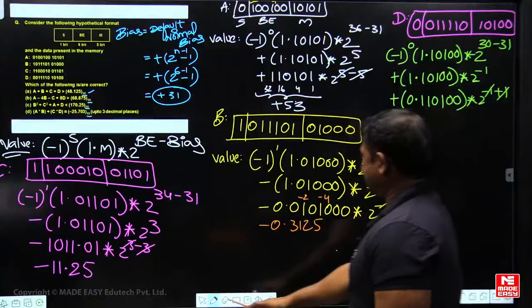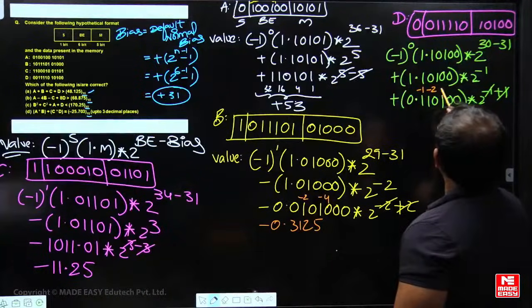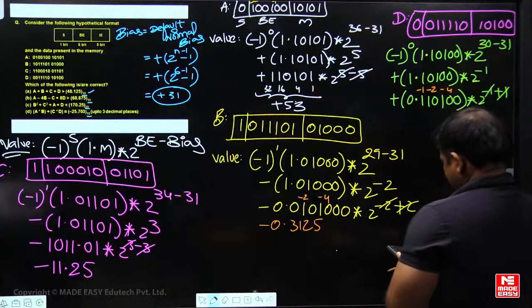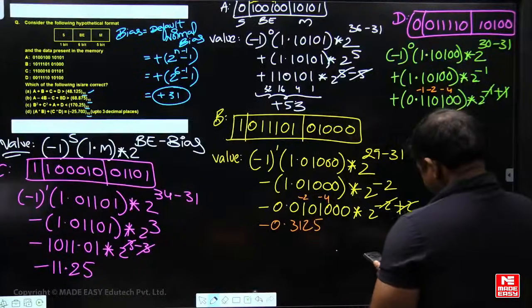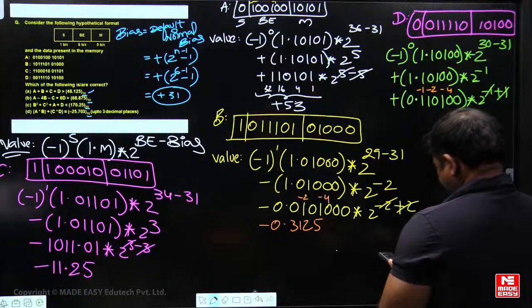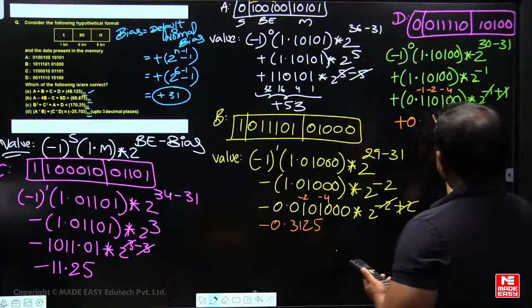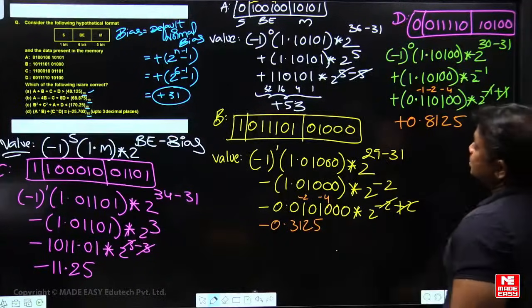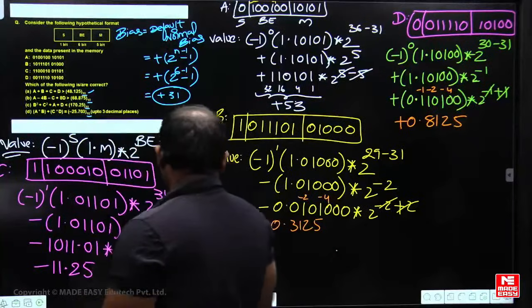Now values please. So this is 1 upon 16, that is 0.065 plus 0.25 plus 0.5, plus 0.8125. Is it okay? Now compare with the options and report which is matched.